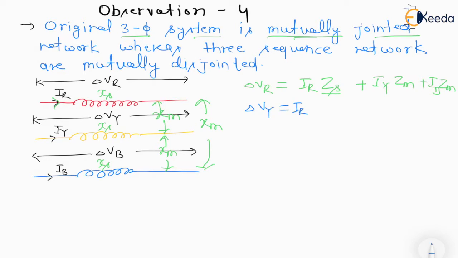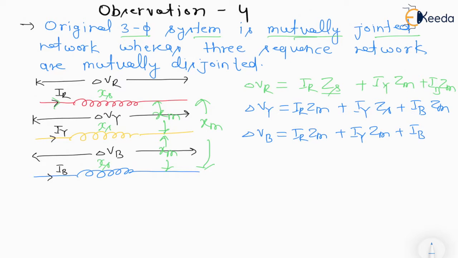Delta Vy we can write as IR into Zm plus Iy into Zs plus Ib into Zm. Delta Vb we can also write as IR into Zm plus Iy into Zm plus Ib into Zs.